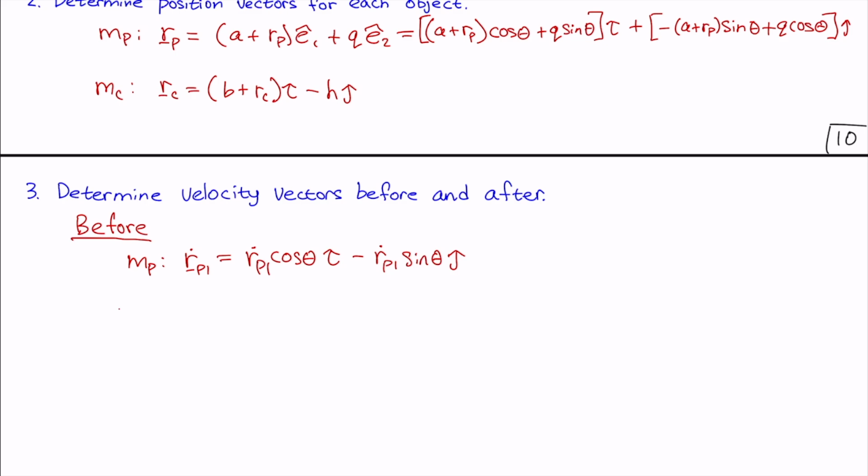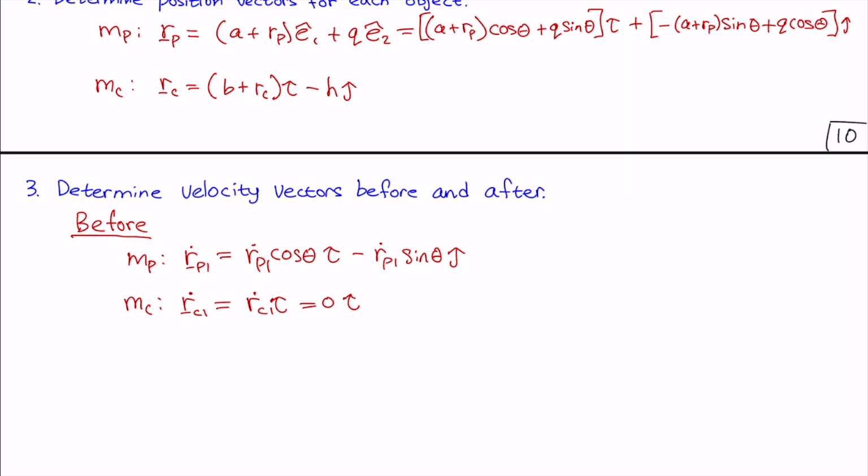So for the cart now, we can go and compute our general velocity vector RC1 dot. This is just going to be RC dot in the I direction, and this is equal to 0 I because the cart is not moving at this time. The cart is at rest.